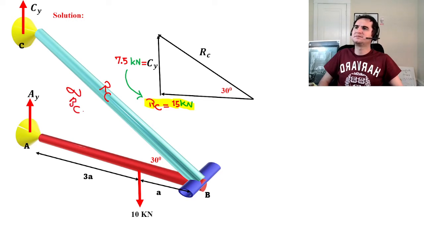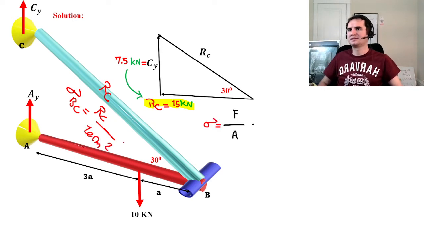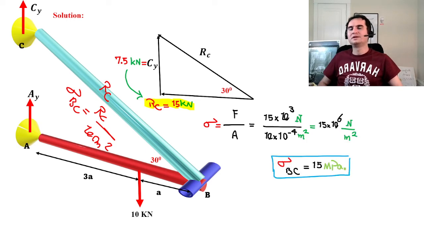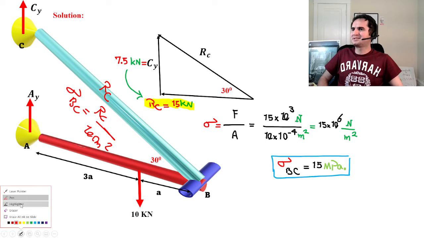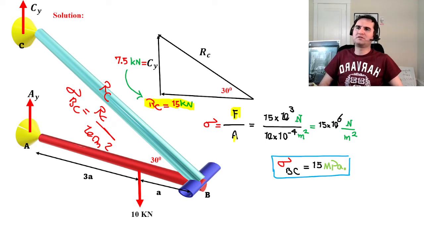Sigma BC is just the force inside the bar over the cross-sectional area, which is 10 centimeters squared. So in that sense, sigma is just simply force over area.